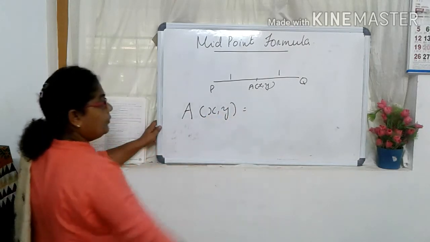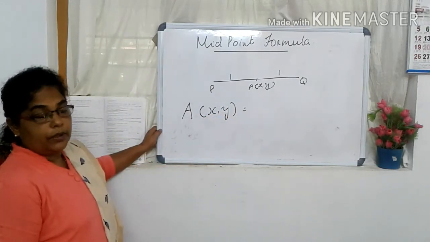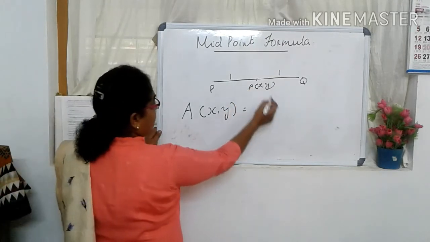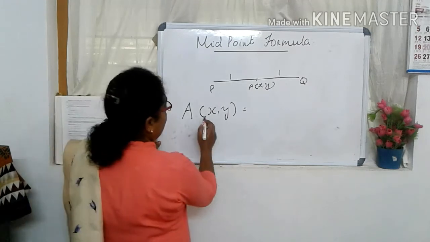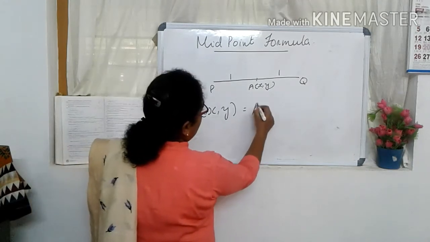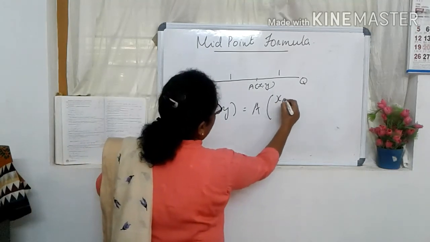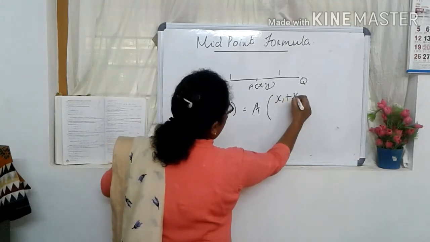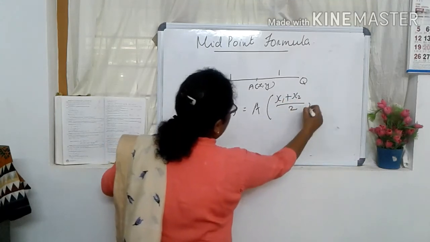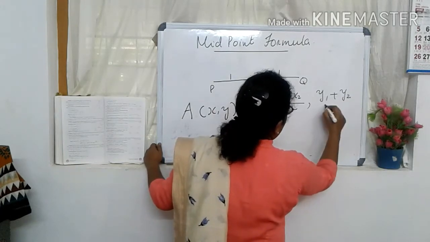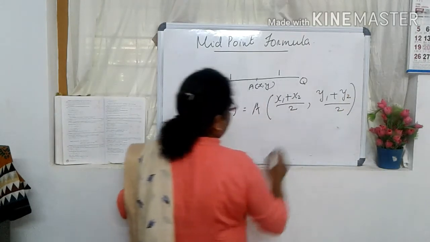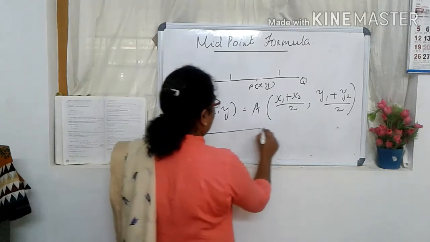A is the midpoint of the line segment PQ, and the point A of x comma y cuts it in the ratio 1:1. Therefore A of x comma y is equal to A of (x1 plus x2) by 2 comma (y1 plus y2) by 2. Okay, this is called the midpoint formula.